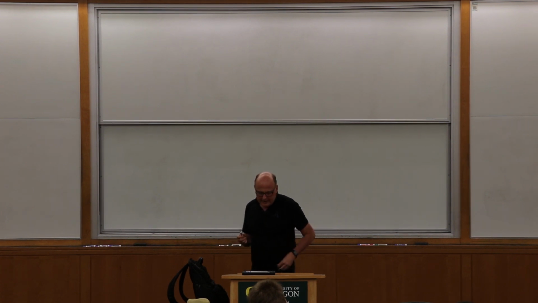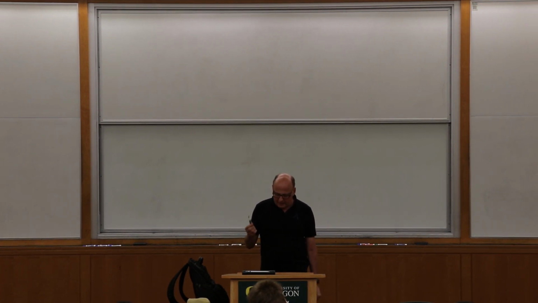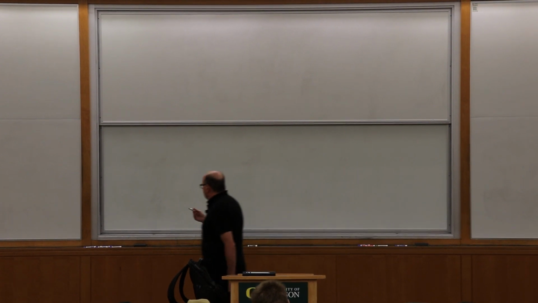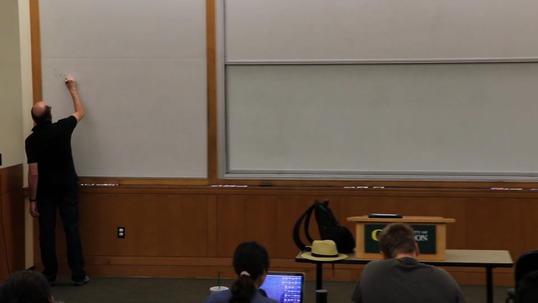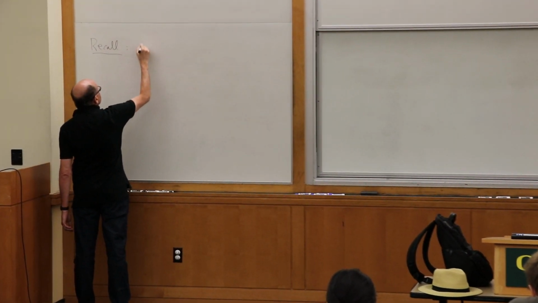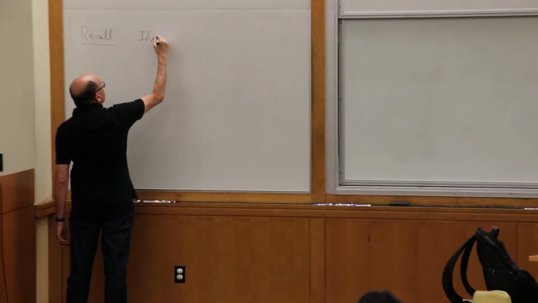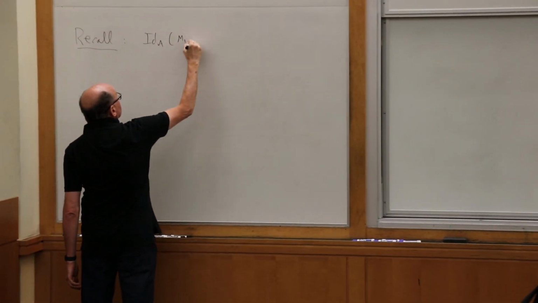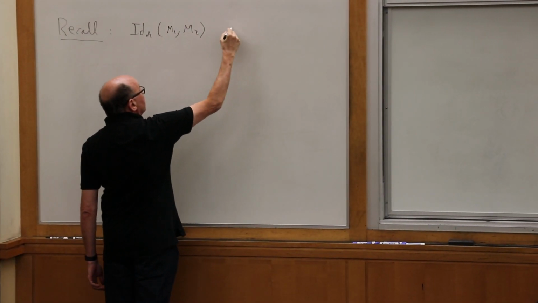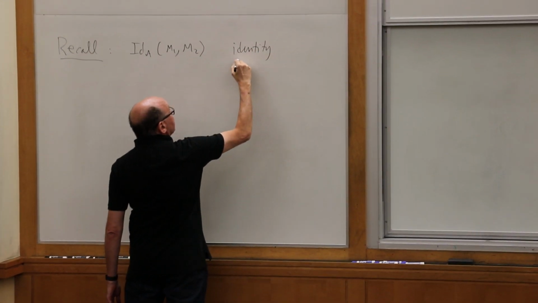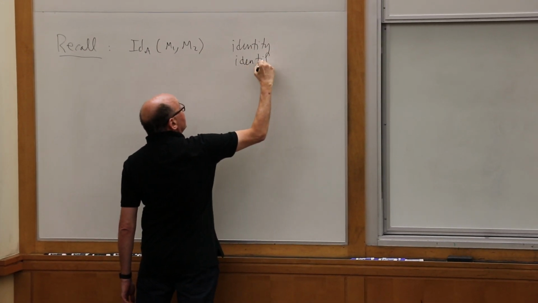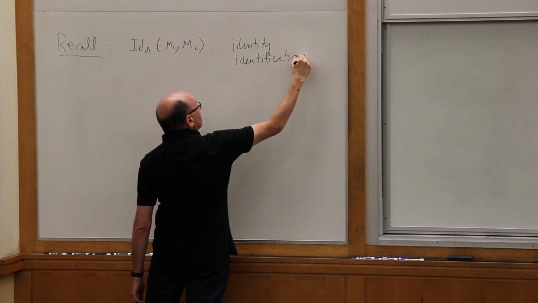Okay, so where we were last time is the thing I want to motivate. Recall, we defined the notion of the so-called identity or identification type, which we have here. For a long time it was called the identity type; sometimes now it's called the identification type, for reasons that I mentioned last time.